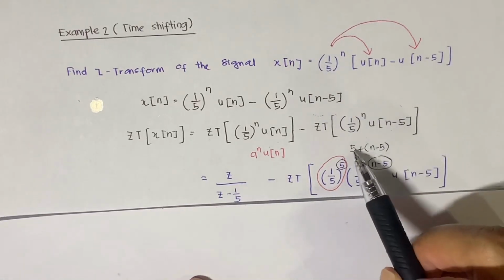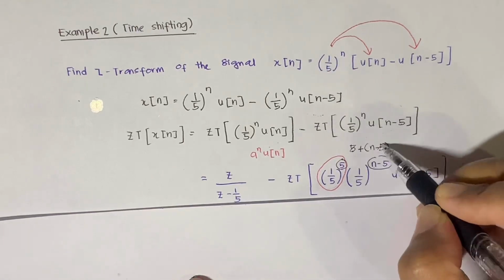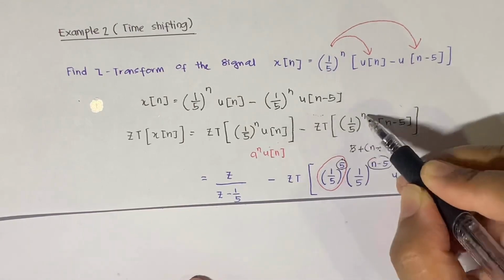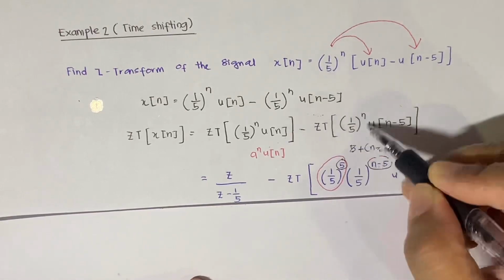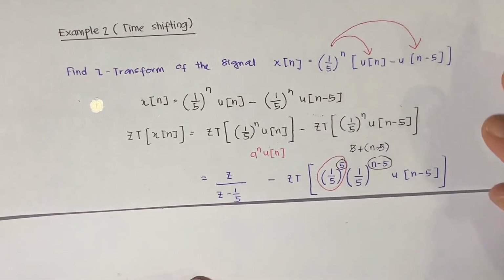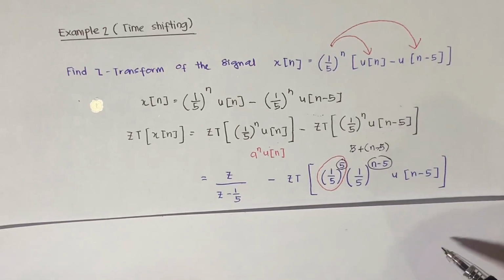So 5 minus 5, you will get n. You will get the same answer as the previous signal. So nothing is wrong.